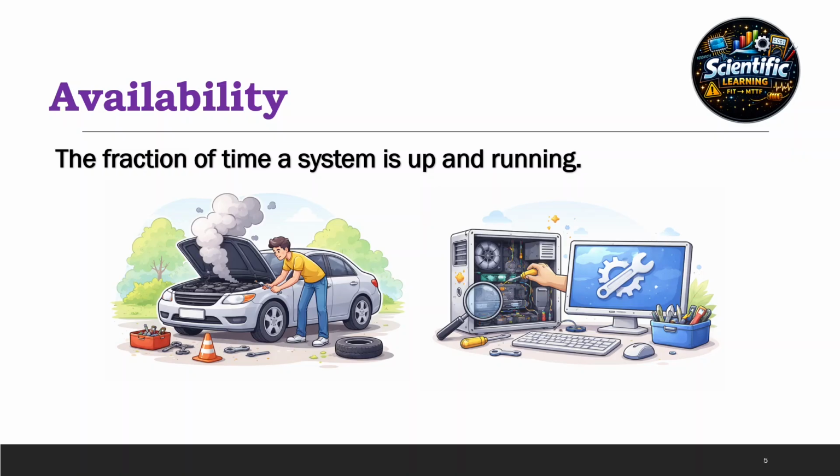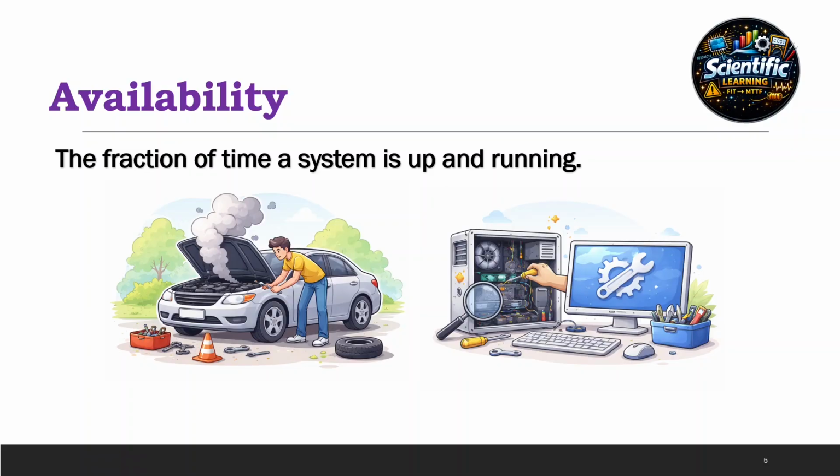Let's move on. The second term to be discussed is availability. By definition, it is the fraction of time a system is up and running, while reliability addresses failures and how to minimize them. Availability addresses the aftermath of failures, that is, repairs. As seen here, the broken car and the broken laptop both are repairable systems.